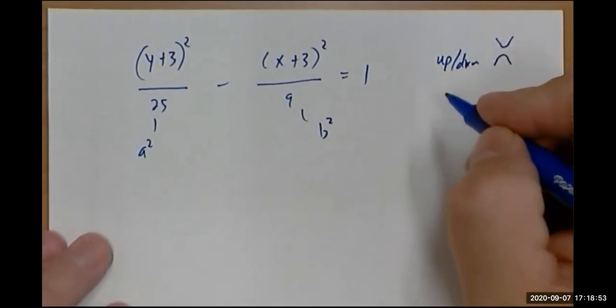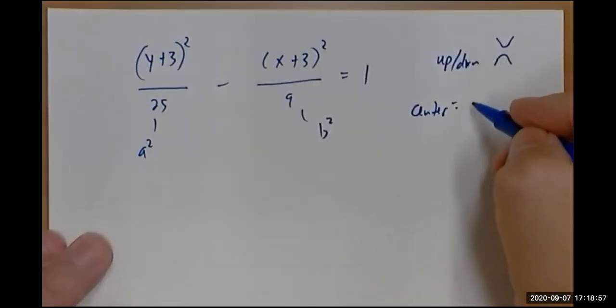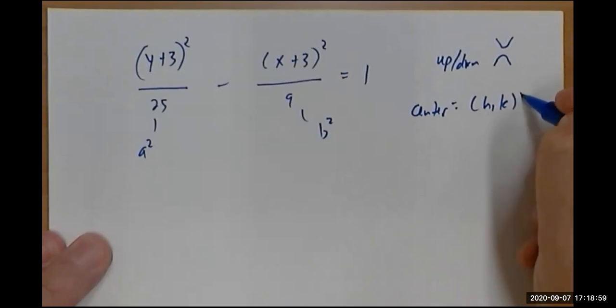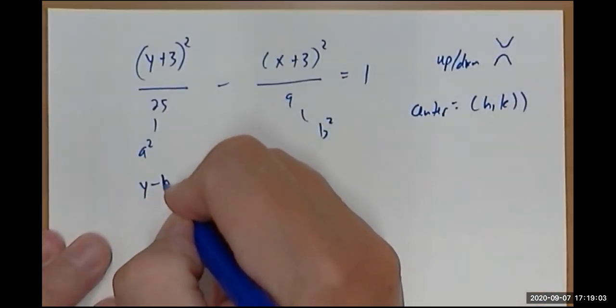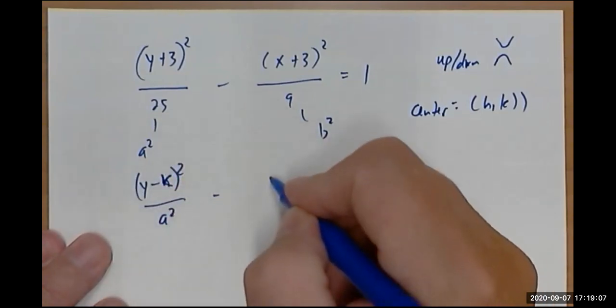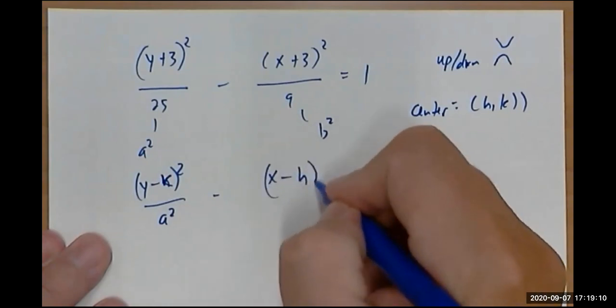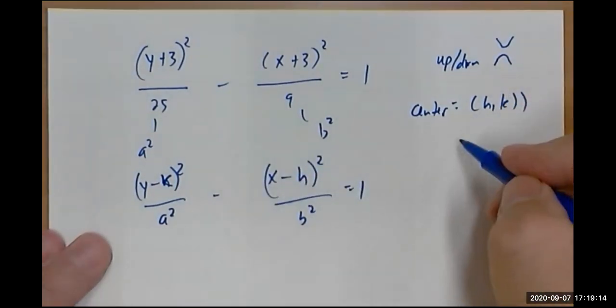Now the center is h, k, so let's write down the standard equation: y minus k squared over a squared minus x minus h squared over b squared equals 1.